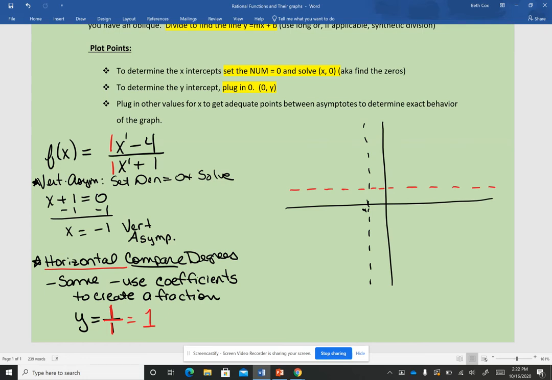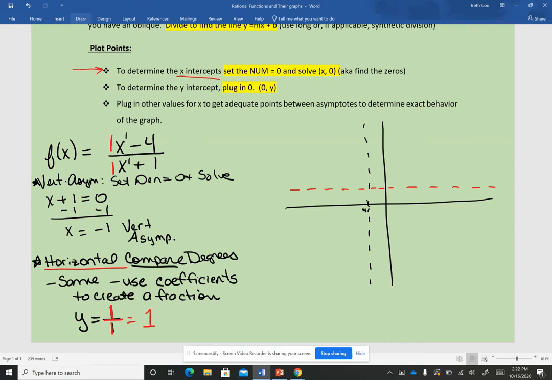Okay, so now we're going to try to plot points. We don't have a vertical. We don't have an oblique. So now we're going to plot points. Now remember, this will be multiple choice, and so we've just got to find the right one. Okay, so now we're going to plug in some numbers. The first one says set the numerator equal to 0. These are going to be our x-intercepts.